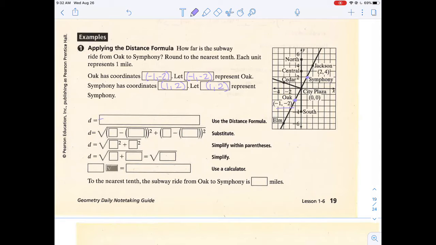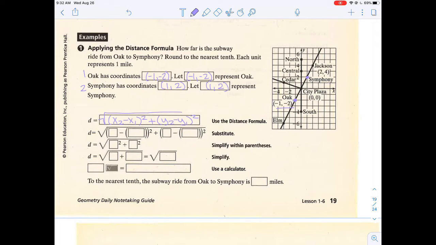So now, copy our distance formula down. Square root of (x2 minus x1) squared plus (y2 minus y1) squared. Alright, so I'm going to let Symphony be point 2 and Oak be point 1.